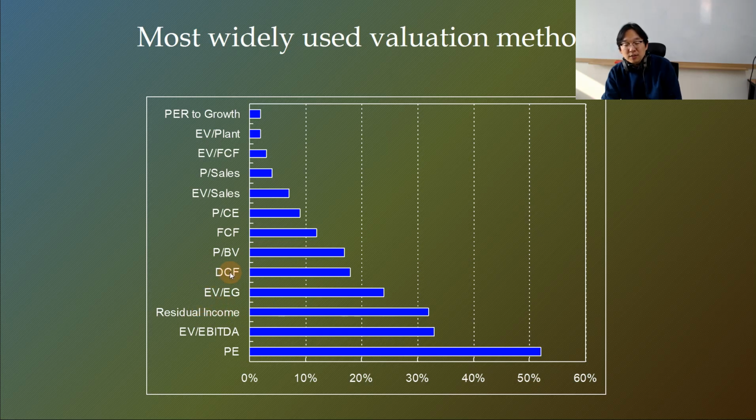Over here, DCF using free cash flow methods and the dividend discount kind of things. You don't need to worry about this one. But whatever you see, that's relative valuation. And EV to EG, what does that? Price to book value. This one is my favorite one.